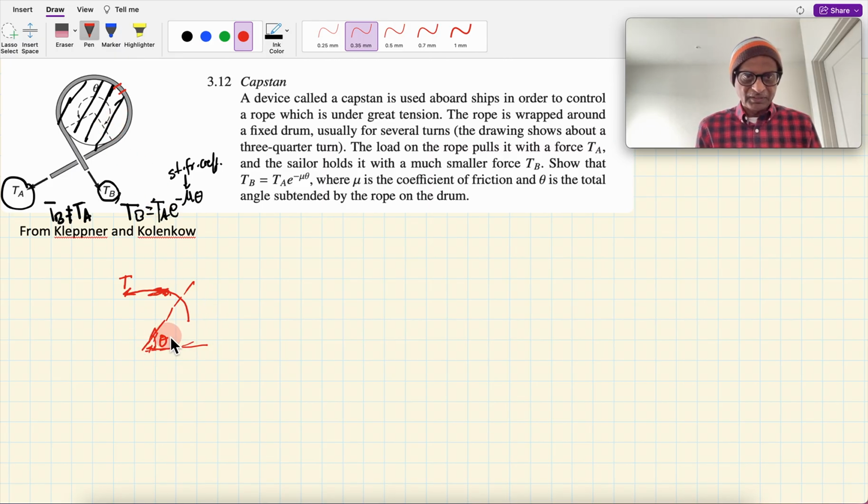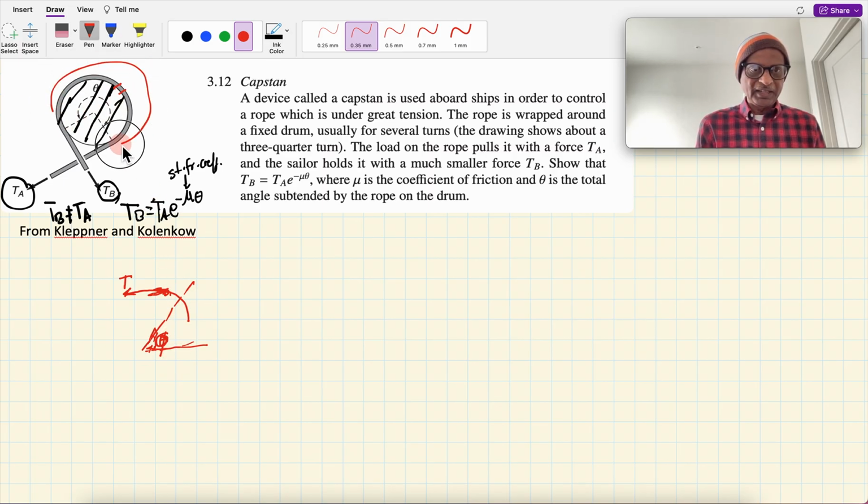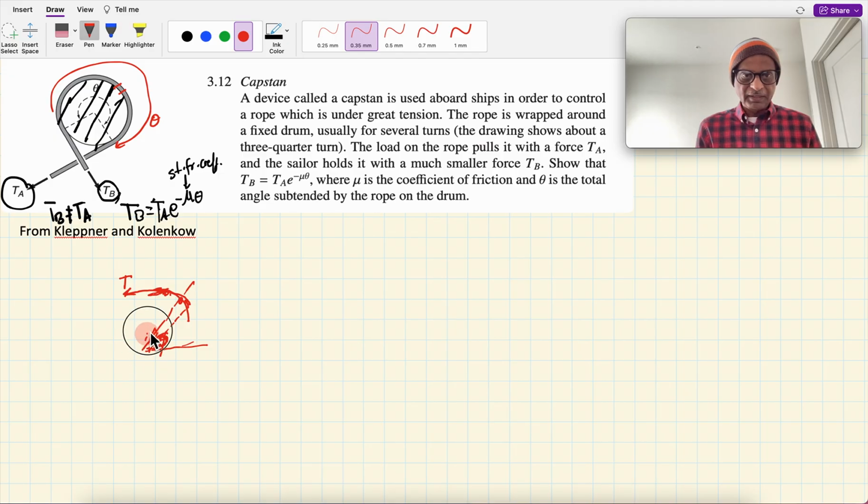Let's call it phi here. From here to here, this whole angle is theta. I'm just looking at some point over here, a tiny element, and this angle here is going to be a very tiny amount. Let's call it d phi.